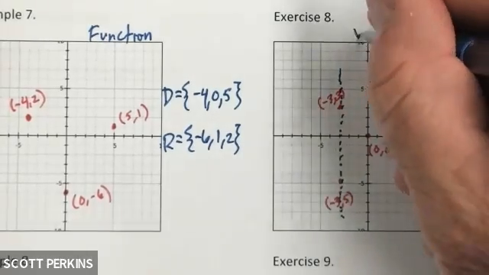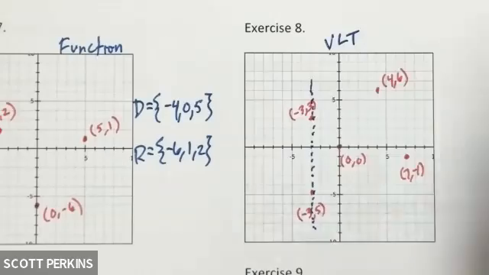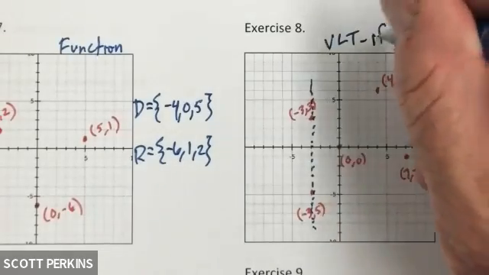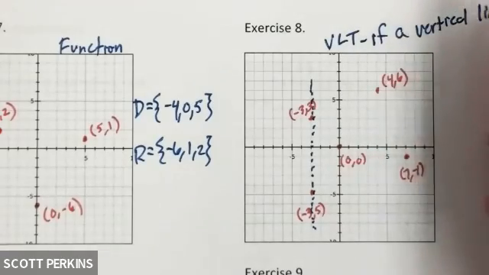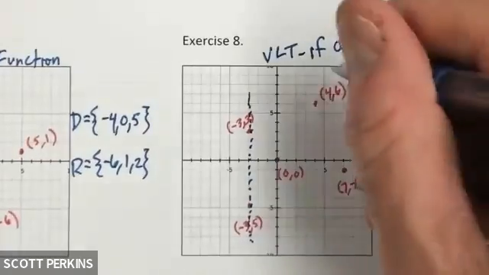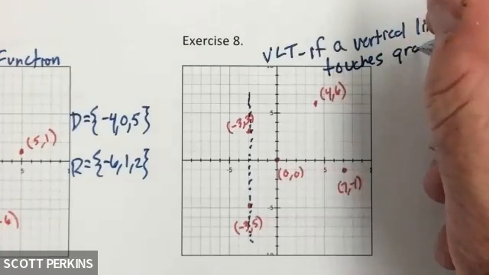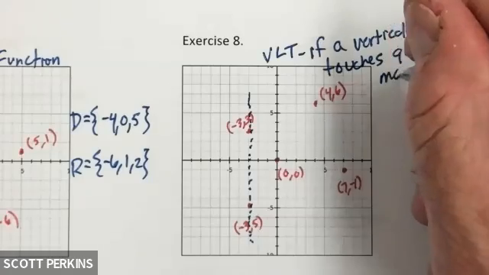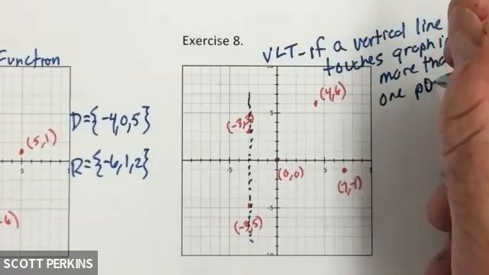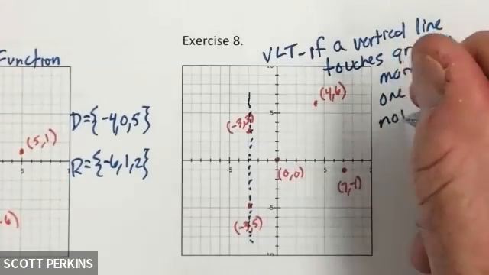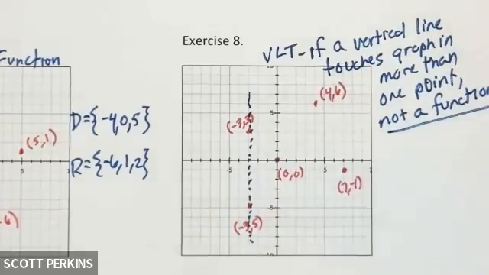So the vertical line test, in case you don't remember it, is a quick way to determine if a graph's a function. And the vertical line test is if a vertical line touches the graph more than once, it's not a function, which is the answer for this problem.